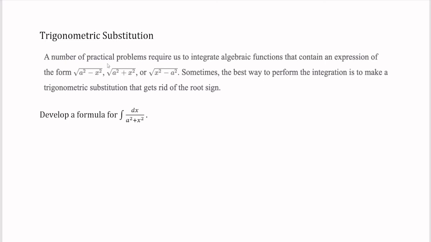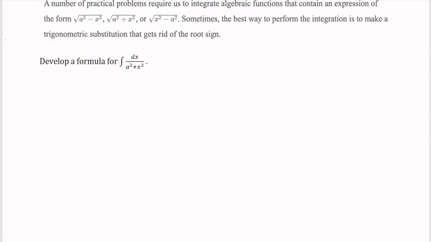The whole point is, if I can get something that looks like this, I can greatly simplify this. This is the entire point. I'm trying to get a thing squared under the square root. That's it. So that's what your goal is.